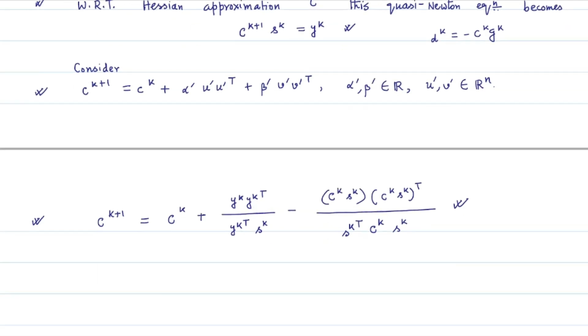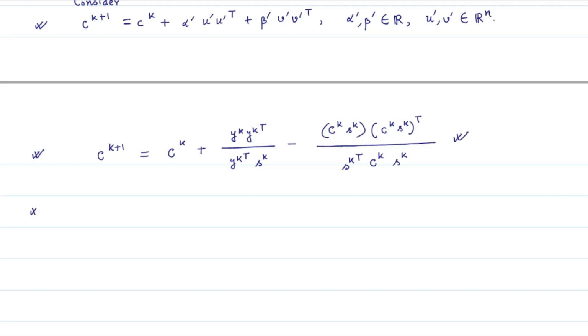So here then we have to find an expression of the inverse of this matrix Ck plus 1. To find it, we employ the Sherman-Morrison formula, for inversion of a typical matrix, which is as follows.